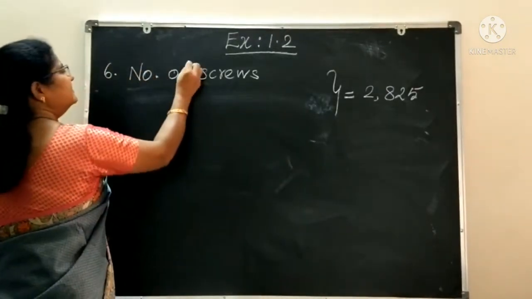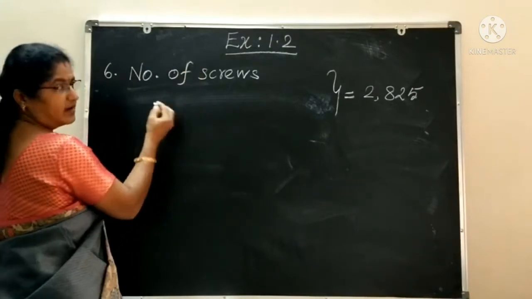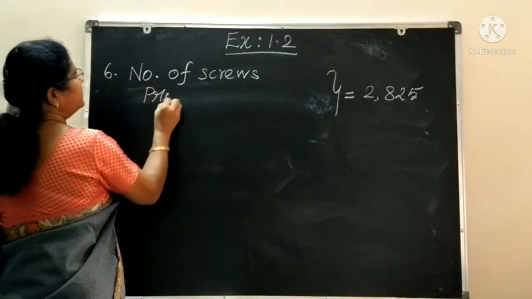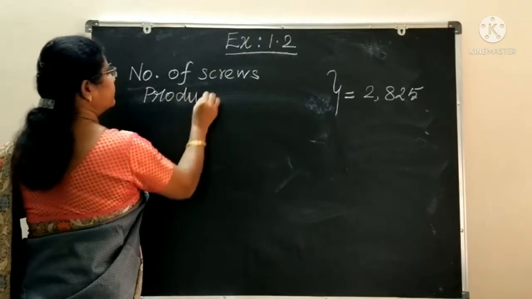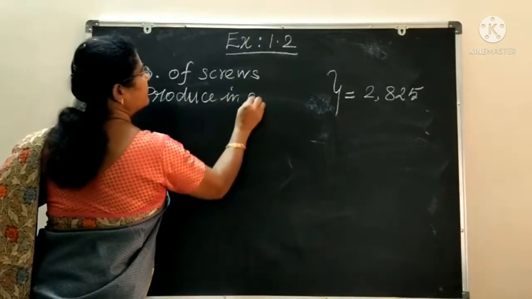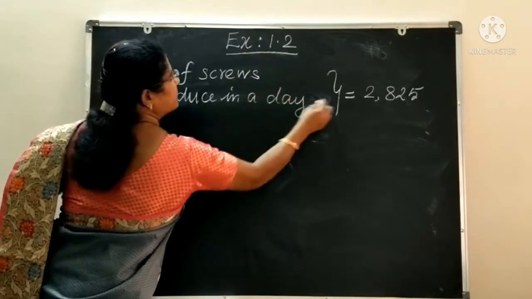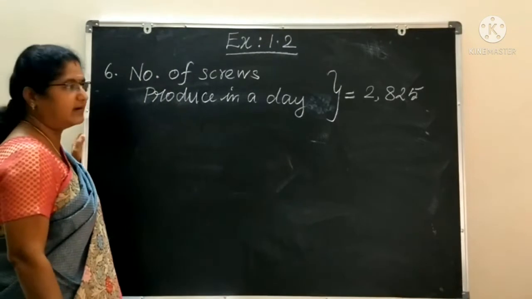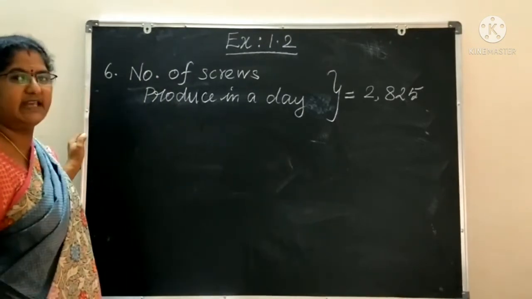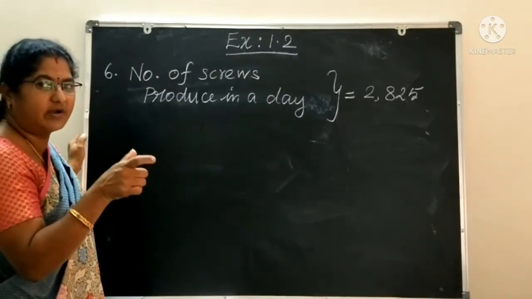It's easy. For the second statement also we need to write. Screws produced in a day is 2,825. Here they gave the word January; how many days is not given directly.